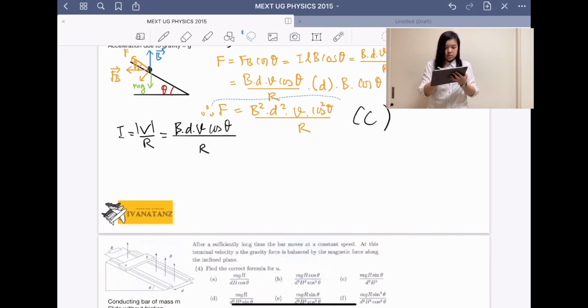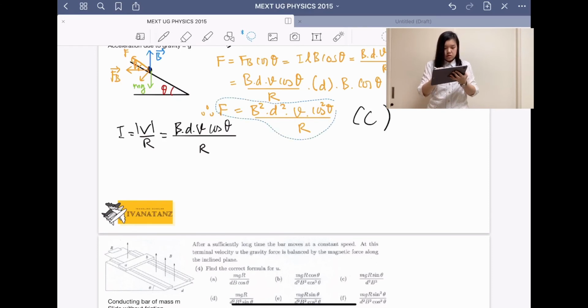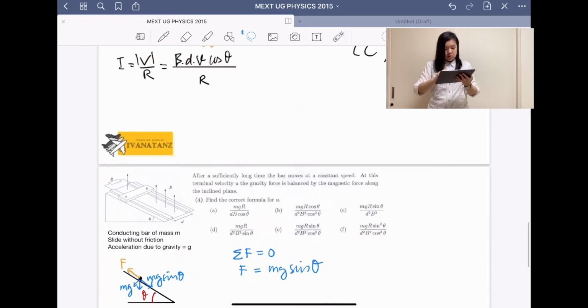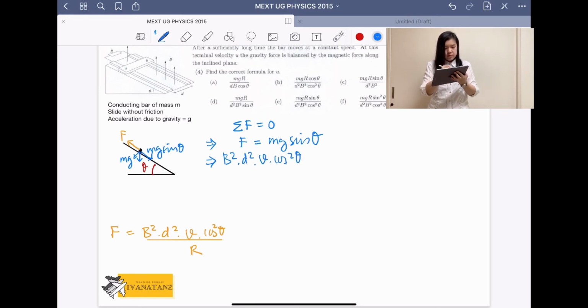So B square d square v cosine square theta over R equals mg sine theta. This is when v equals u.